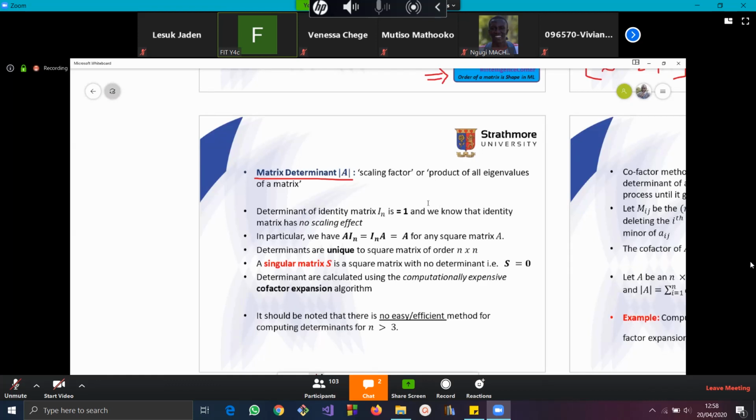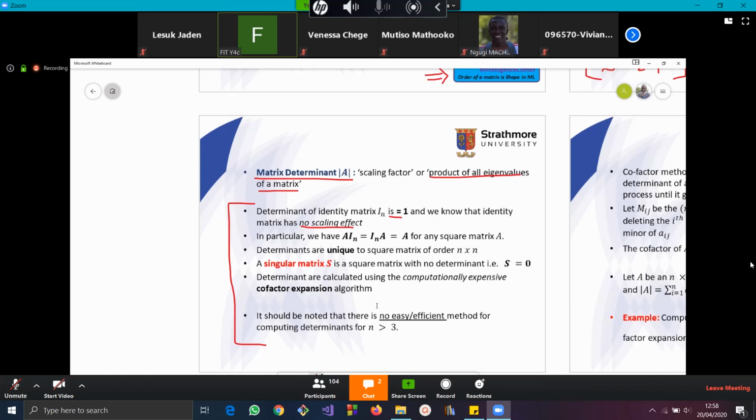Or even better put, it's the product of all eigenvalues of a matrix. We'll get to that. But first, some tips on the determinant. The determinant of the identity matrix is 1, because ideally the identity matrix does not do anything.